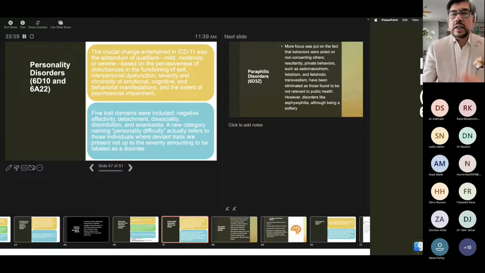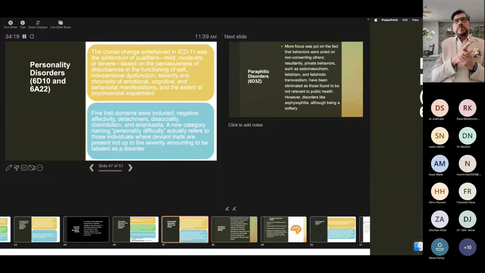A new category named personality difficulty actually refers to those individuals whose deviant traits are present but not up to the severity amounting to be labeled as disorder. Personality difficulty, milder traits; personality disorders, severe traits having dysfunction, severity, chronicity, cognitive and behavioral manifestations, and then only 5 types: negative affectivity, detachment, dissociality, disinhibition, and anankastia.